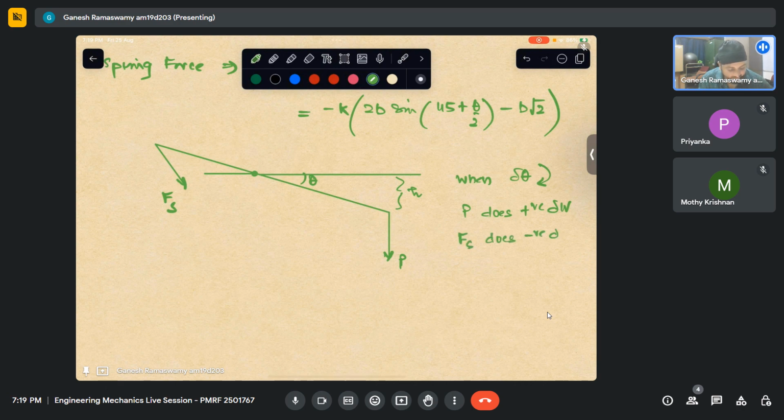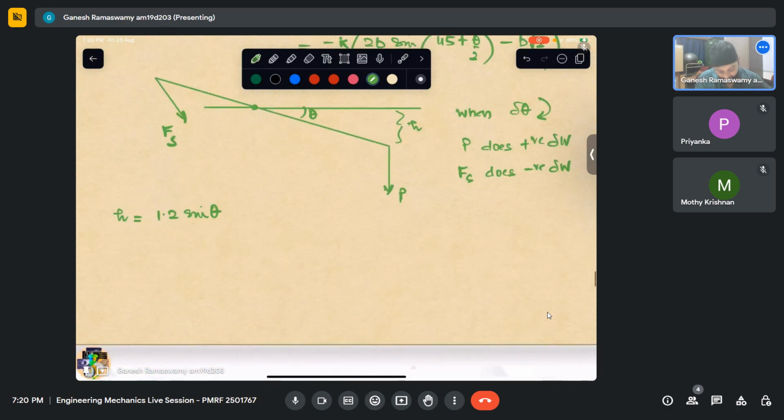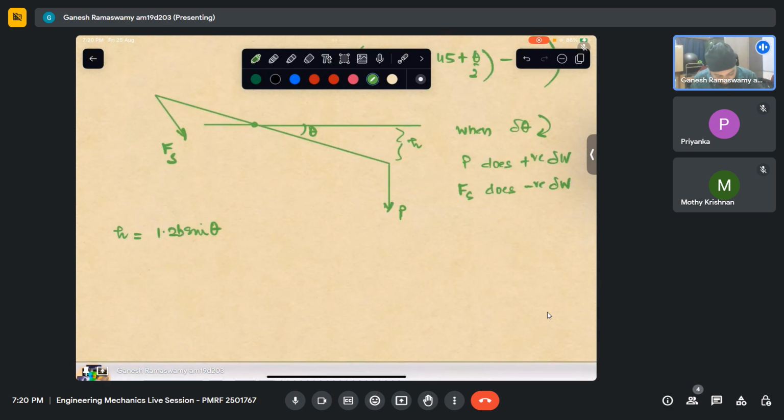I hope that that is clear. So for this force, let us get the expression for h. What is h? It is nothing but 1.2b sine theta. Why? Because this is b, sorry, this is 1.2b. So h is nothing but 1.2b sine theta.